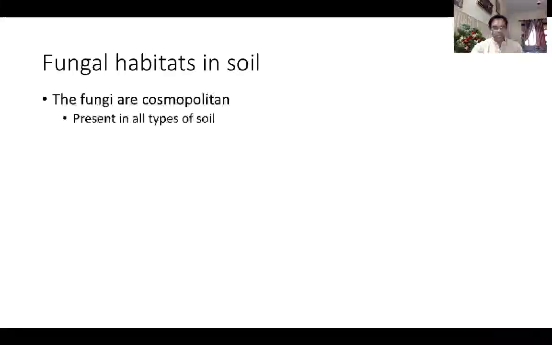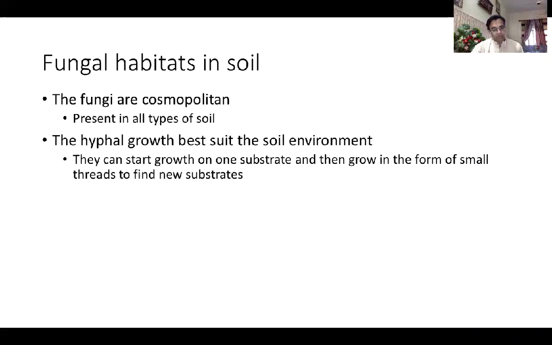Now we discuss the habitats of fungi in soil. The fungi are cosmopolitan. So most of the fungi are present in soil. They are present in all types of soil.